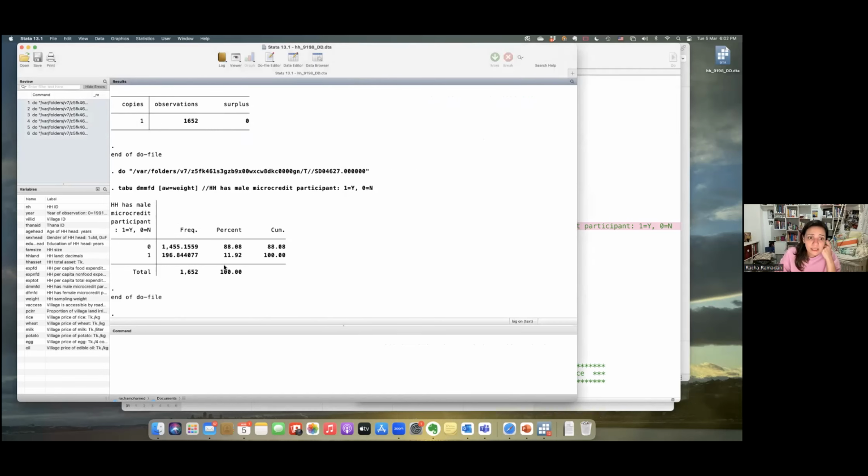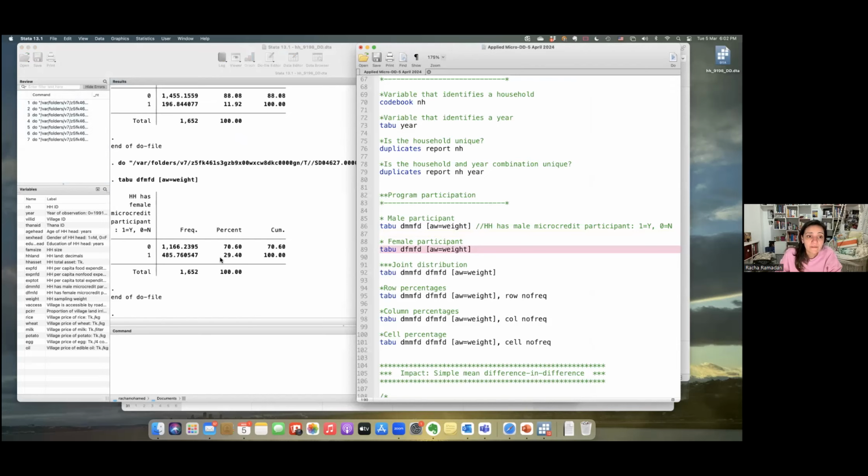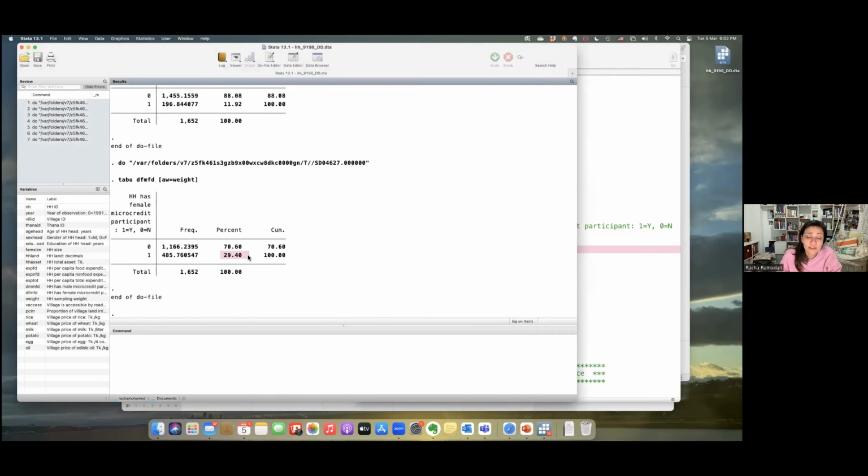Over the 2 years, we have 12% of the households with a male participant in the microcredit program. If we do it for female, you see that over the 2 years, 29% of the households have a female microcredit participant, which means more households benefit from the female credit compared to the male microcredit.